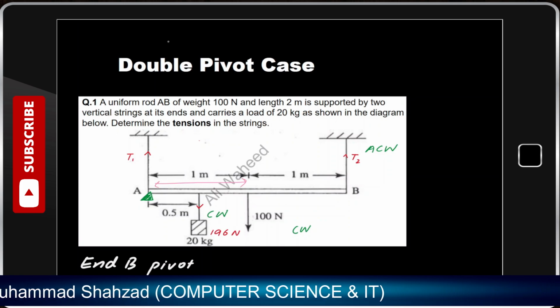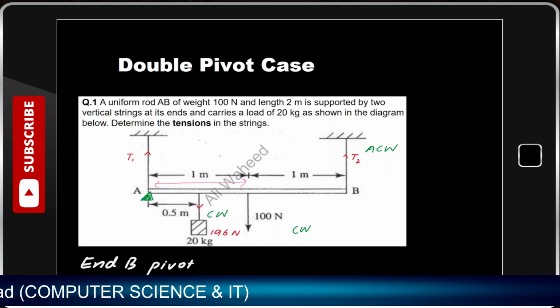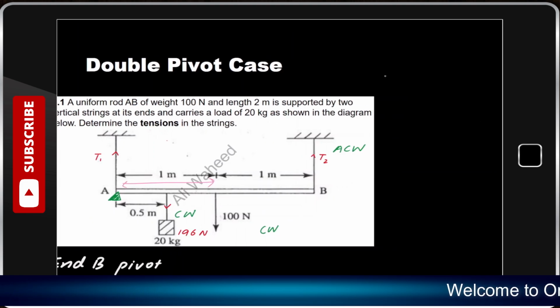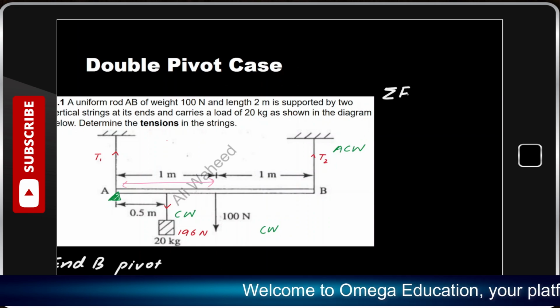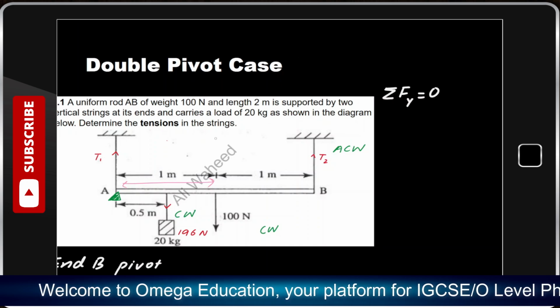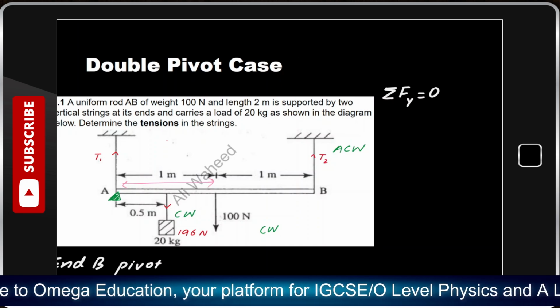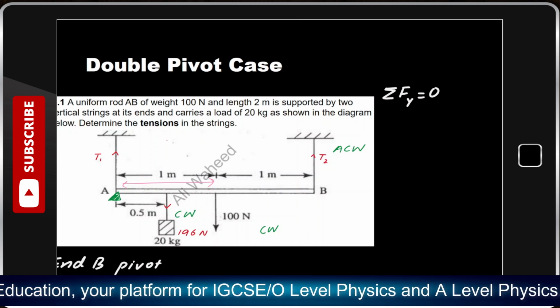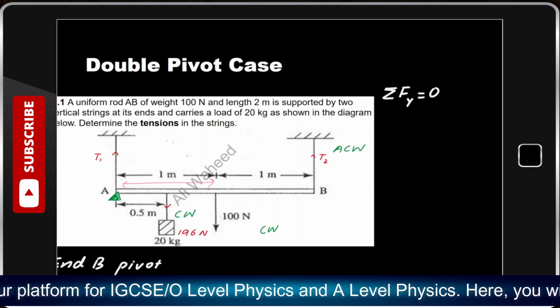Since we need to find the vertical forces, I can say if the system is in equilibrium, then the sum of all vertical forces would be 0. What does that mean? It means the forces upward would equal the forces downward.